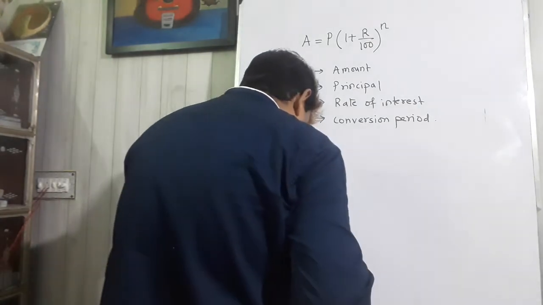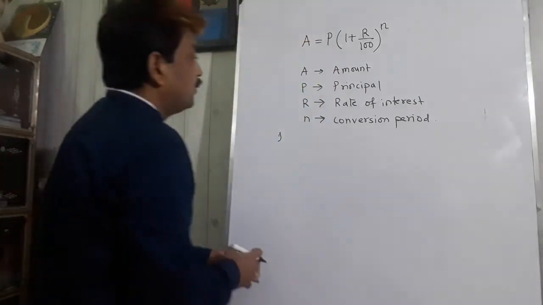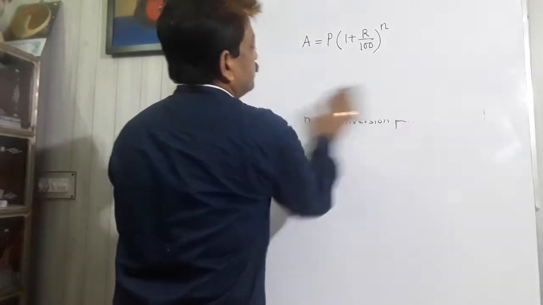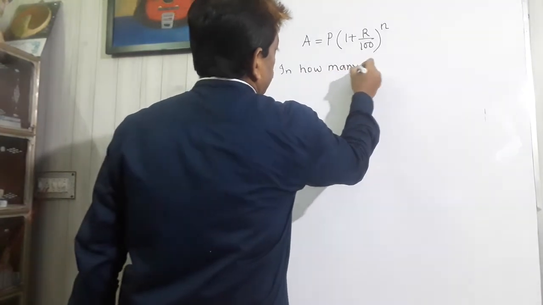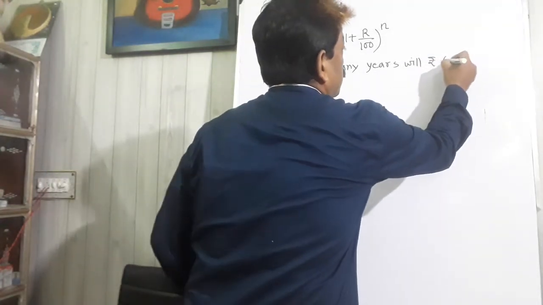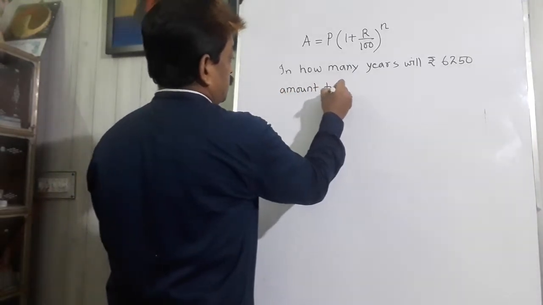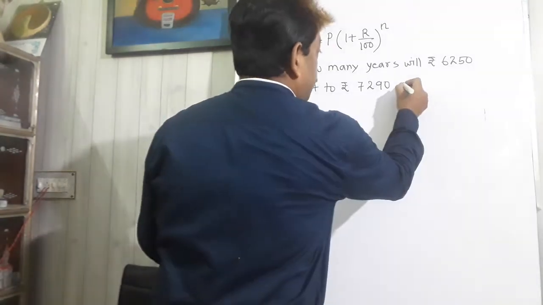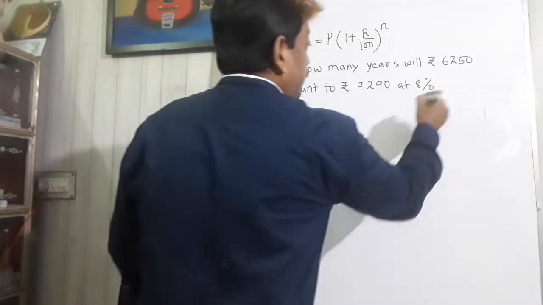So the question is: in how many years will rupees 6250 amount to rupees 7290 at 8% per annum compounded annually.